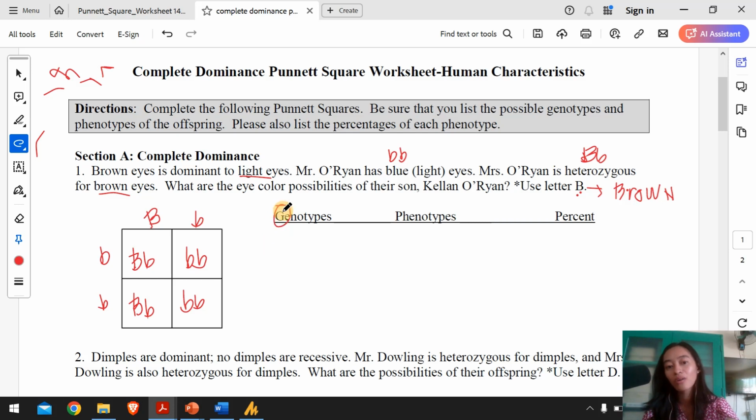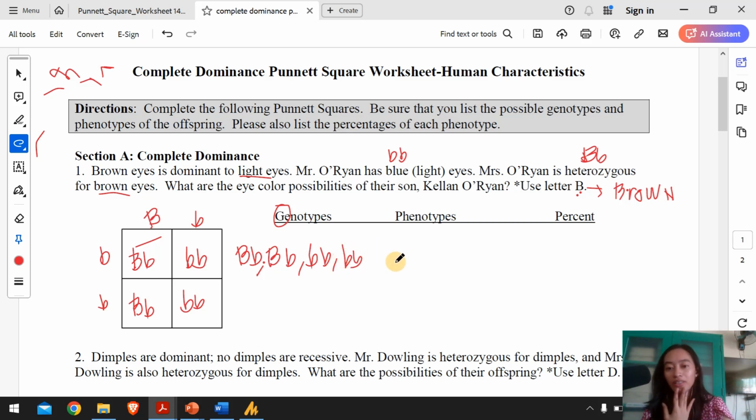Genotypes, again, are gene codes, so they are all letters. I want you to list down everything. Another one here, with two small letters.